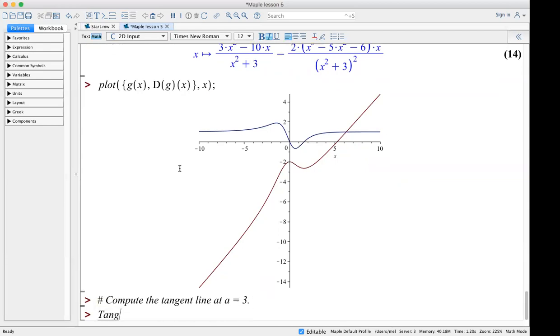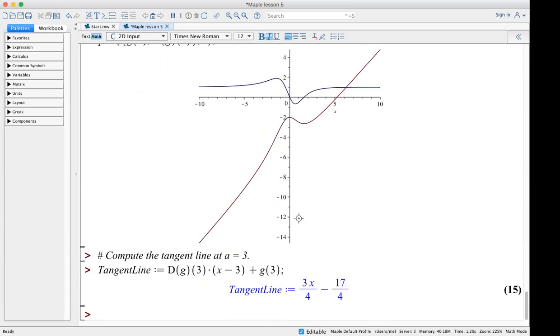So the tangent line is going to be the straight line: the slope is the derivative of g evaluated at 3, times x minus 3, plus the value of the function at 3. So that's a straight line.